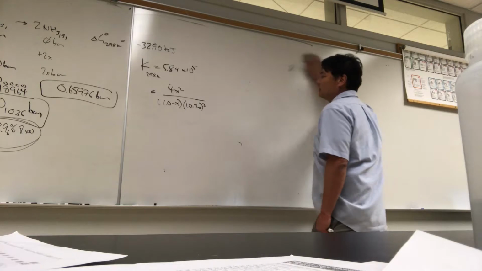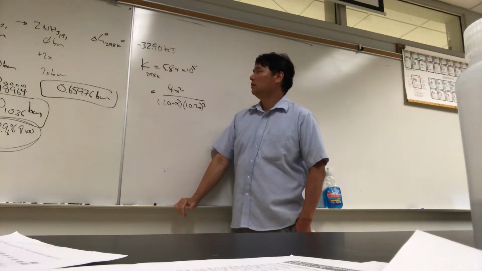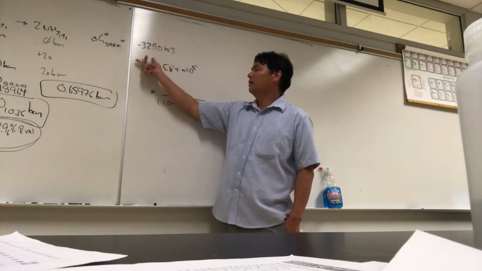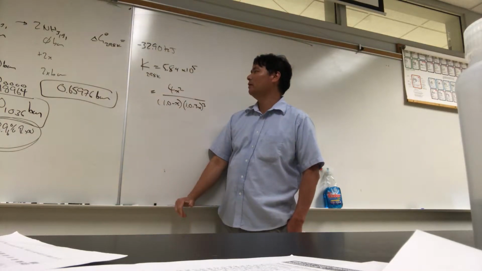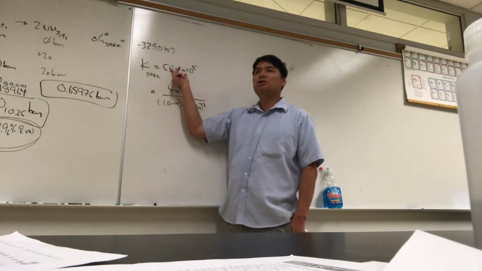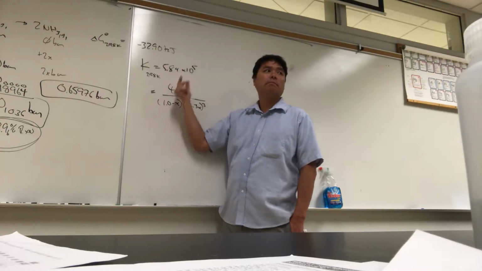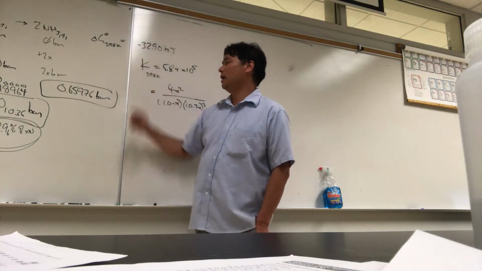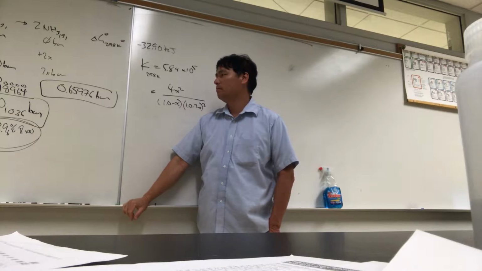It is possible to make the driving force even more favorable. If I change delta G naught, I can make it more favorable, which will change my ratio at equilibrium, the K. And so, yeah, it is possible to do that, to change my final ratio.